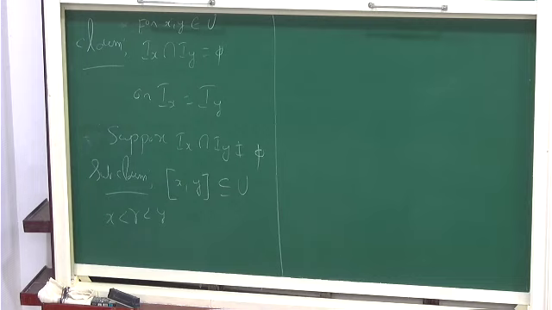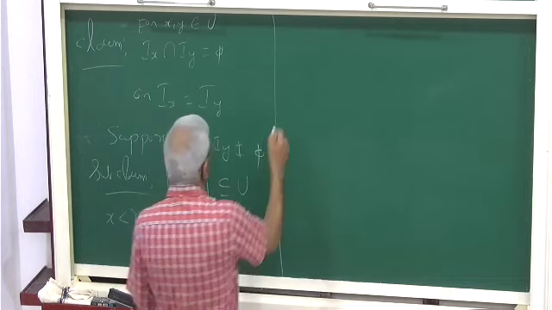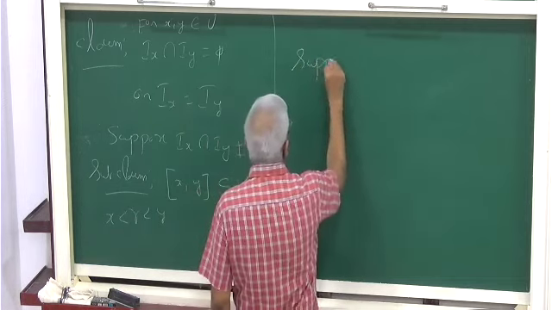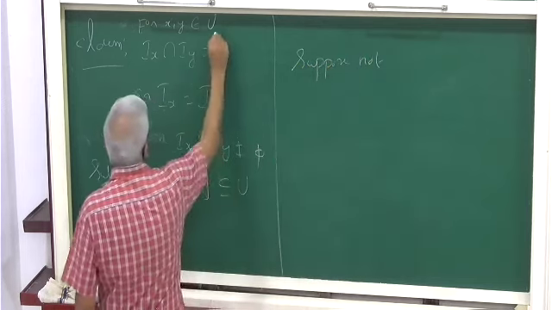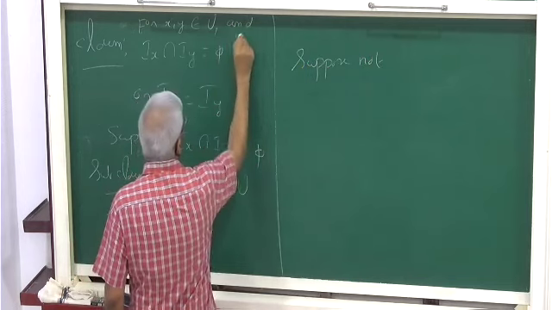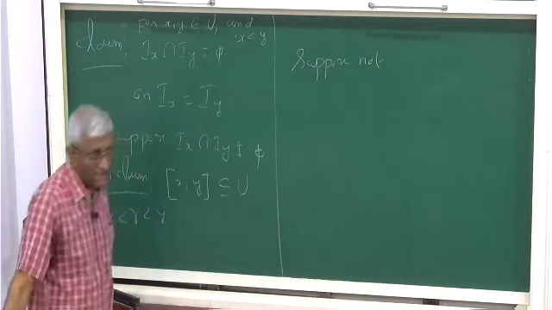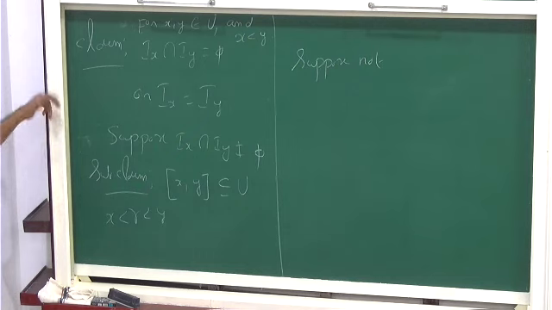And why is it true? Suppose not. We further assume x is less than y. Either they are equal, in which case there is nothing to prove, Ix equals Ix, or they are not equal, and either x is less than y or y is less than x.